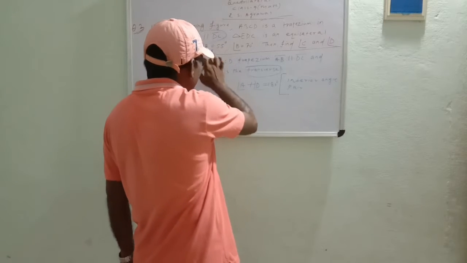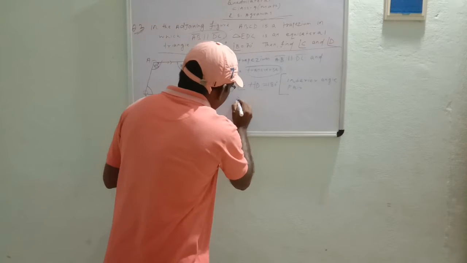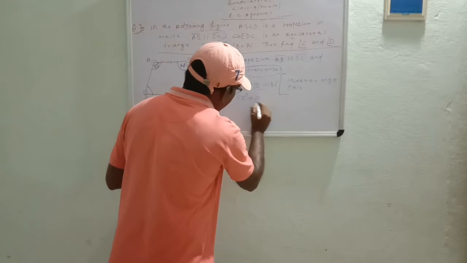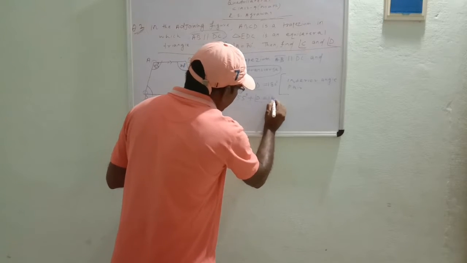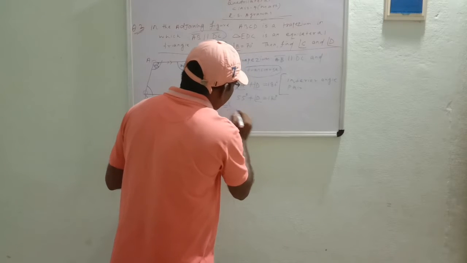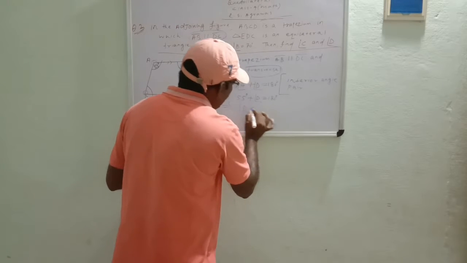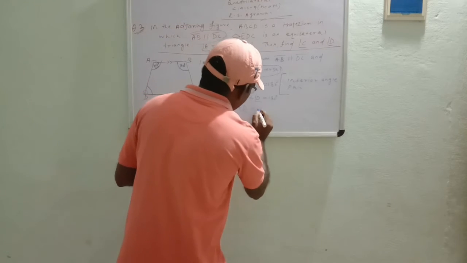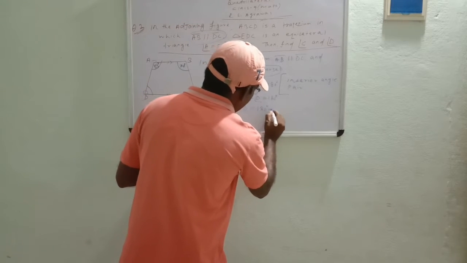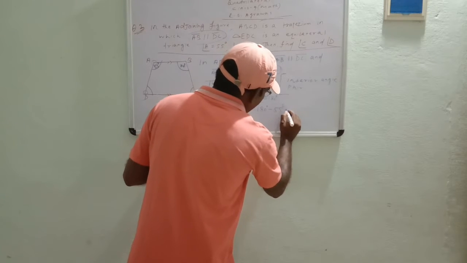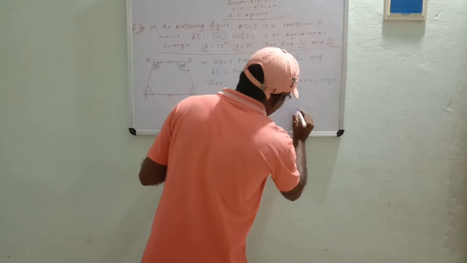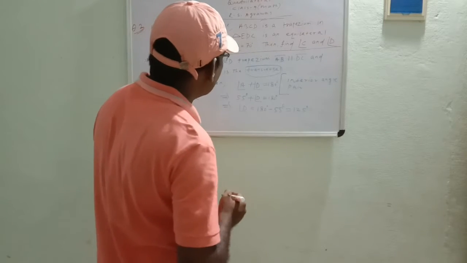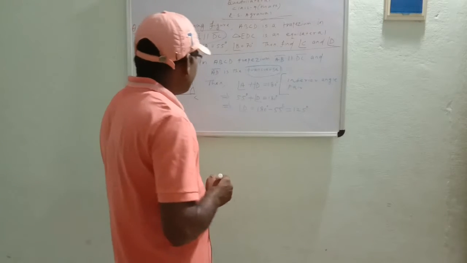It has been mentioned here. So put 55 degree in place of angle A, plus angle D will remain the same, equal to 180 degree. That implies angle D is equal to, you subtract 55 degree from 180, and you get 125 degree. So angle D equal to 125 degree.